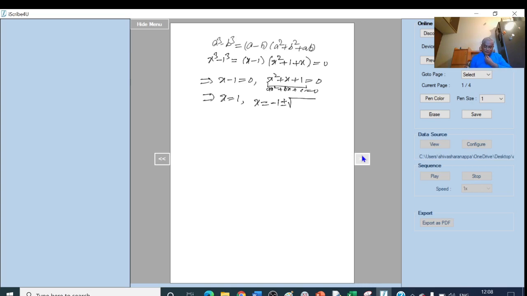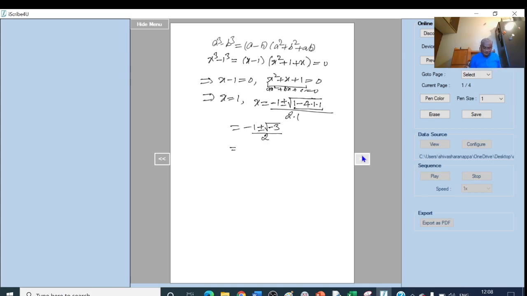Minus b is minus 1 plus or minus root of 1 square is 1, minus 4 into a equal to 1, c equal to 1, divided by 2 into a, 2 into 1 is 2. So this is equal to minus 1 plus or minus root of 1 minus 4, and 1 minus 4 is minus 3, divided by 2.